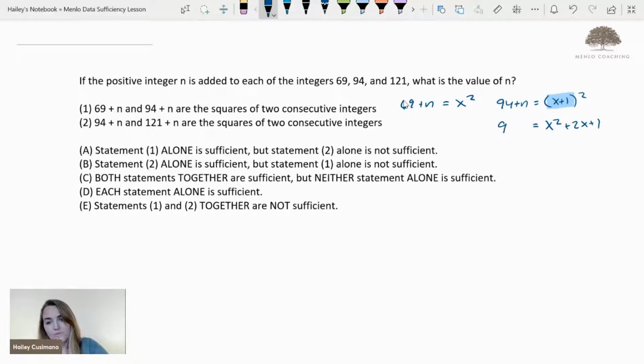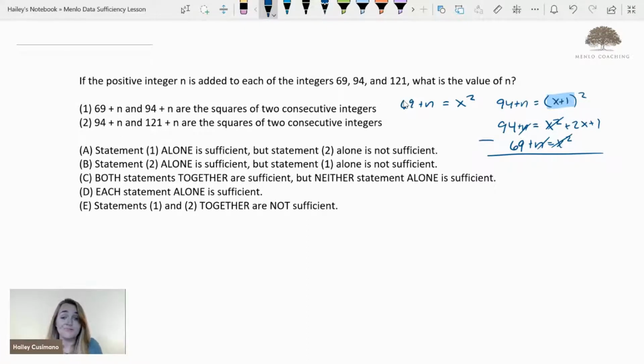Well, then hopefully we can see that if we were to line these up, elimination tells me that everything other than my x is going to cancel. And as soon as I get to that point in the question, it would be an absolute waste of time to continue to crunch the numbers, because if I know that there's exactly one possible value for x, then I know there's going to be exactly one possible value for n as well.